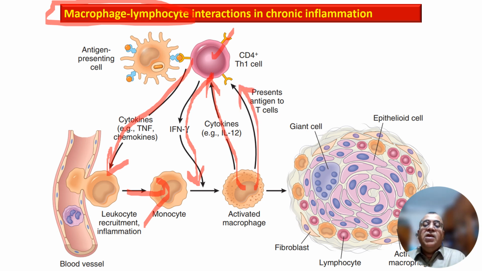They secrete interleukin 12 that in return stimulates the T cell, and also these activated macrophages present antigen to the T cells. When these are not potent enough to clear the damaging agent, there is formation of the granuloma, that is the accumulation of epithelioid cells, the macrophages that are transformed and have more secretory activity and resemble epithelial-like cells, and some of these merge together and form giant cells.